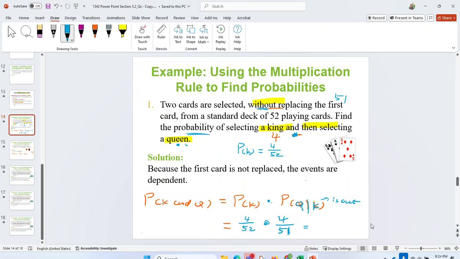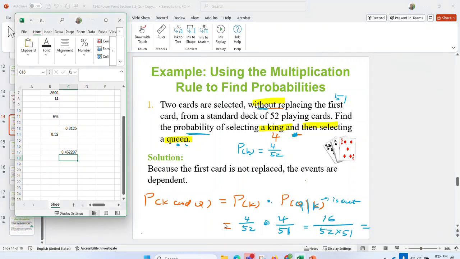This probability will be pretty small, right? How do you do this one? You multiply numerator and numerator together, denominator with denominator together, and then do the calculation. So you have 16 divided by, and I have to use parentheses, 52 times 51, and that gives you 0.006.